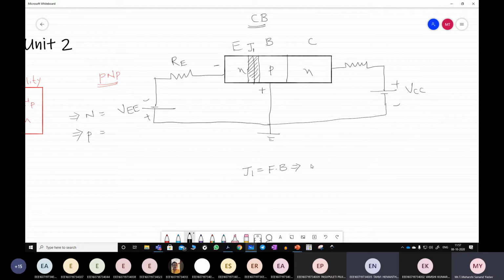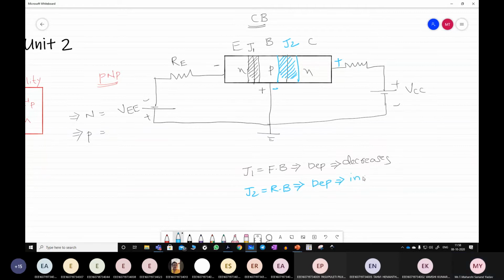If it is forward biased, the depletion region decreases. Next, here it is connected to positive, here it is connected to negative. So what will happen to the depletion region? It increases. This is J2, so junction J2 is reverse biased, due to which the depletion region is increasing.